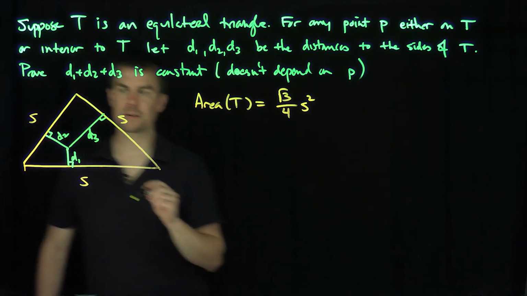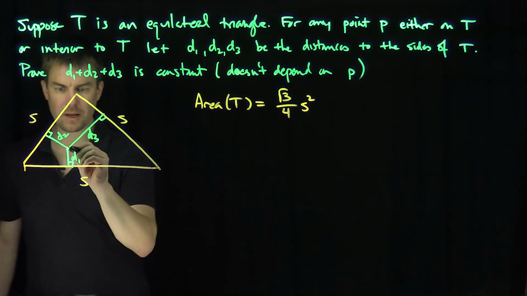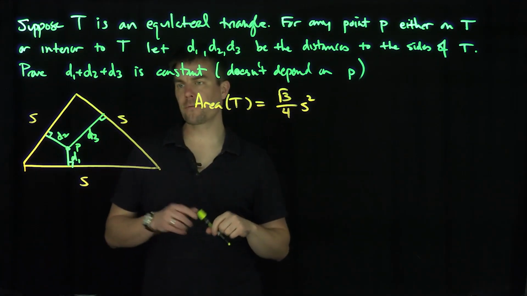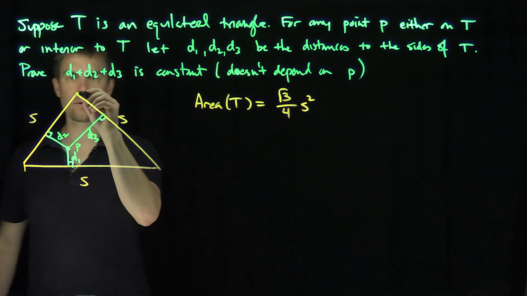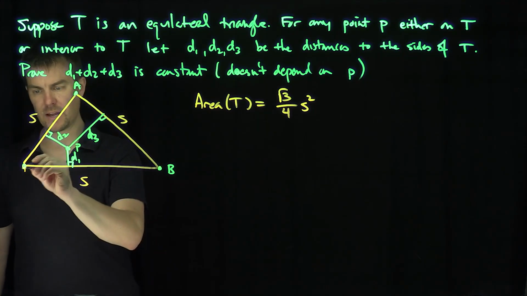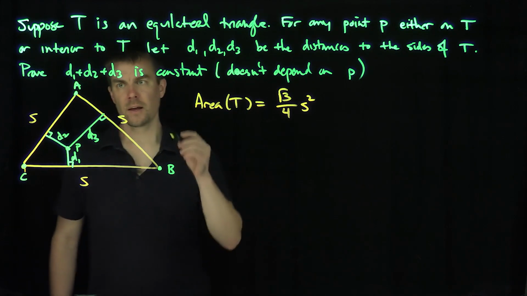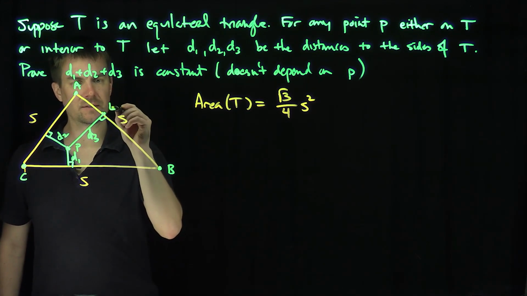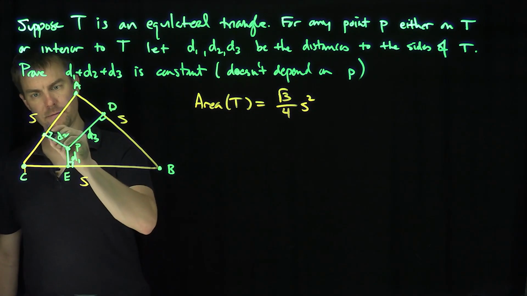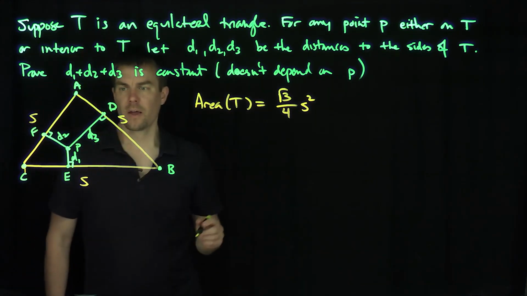And the key feature over here is that when I draw these lines from the point P to each of these sides, so if I say this triangle is A, B, and C, and then this point over here is, let's call it point D, this point E, and this point F, then what do we know?